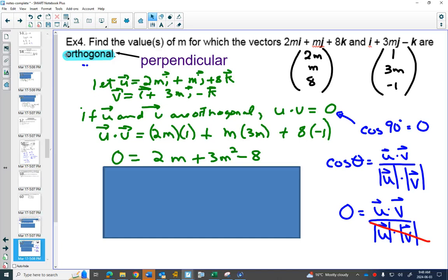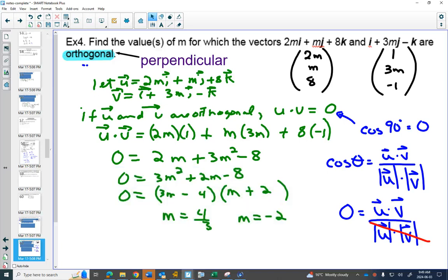So now we have a new application of the dot product: if two vectors are at 90 degrees, you know the dot product has to equal 0. So now our dot product, and this is why I wrote it as column vectors, it's really easy to multiply across. 2m times 1, m times 3m, and 8 times negative 1.